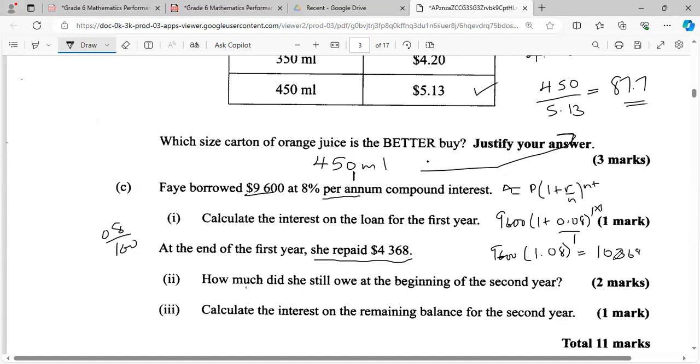So the interest would be 10,368 minus 9,600. I'm just going to punch it in my calculator. So the interest will be 768.